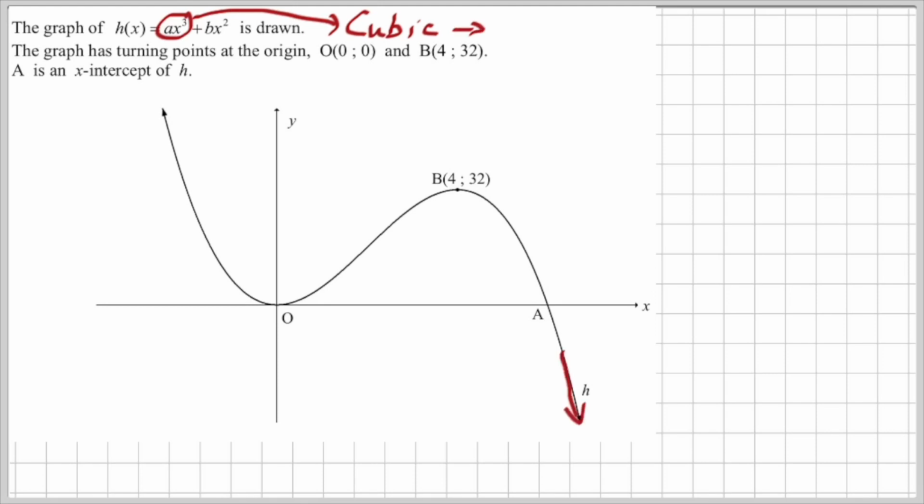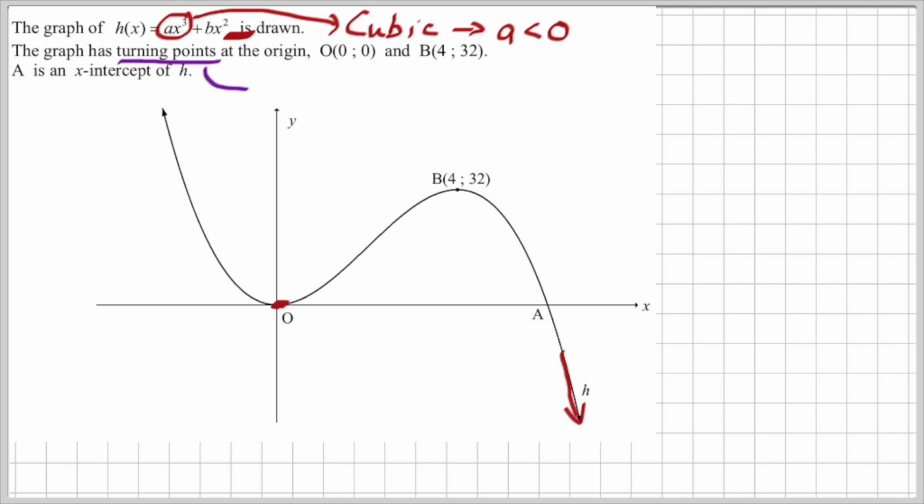In this case, because the graph is ending down, it means that a value must be smaller than 0. One thing that I didn't even think about until I'm recording the video now is what is the y-intercept? Well, it's 0, and I can also see that because there is no plus some constant at the back. But I also see that from the graph. It goes through 0 there.